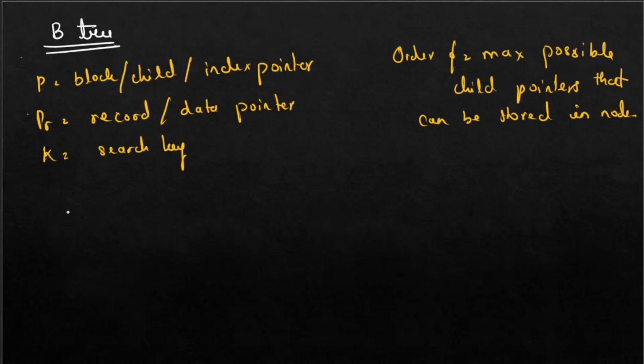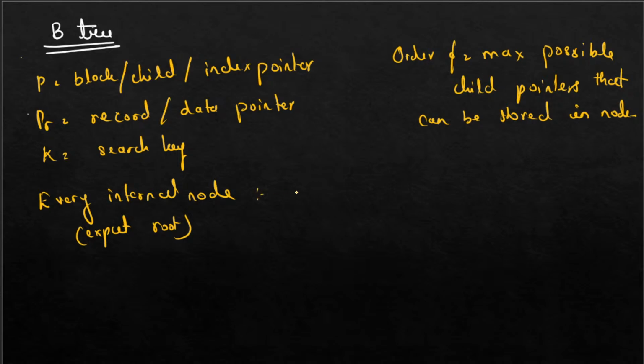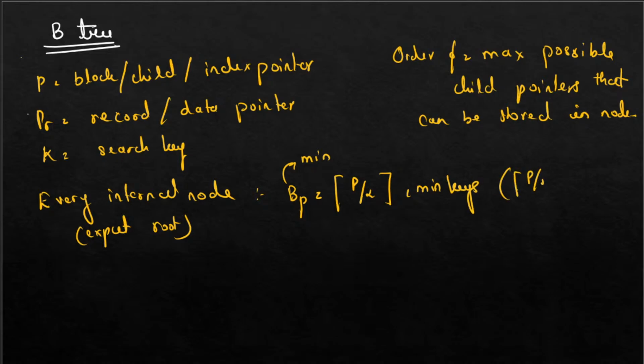Okay? So for every internal node except root, block pointers are minimum ceiling of P by 2, and minimum keys are P by 2 minus 1, okay?